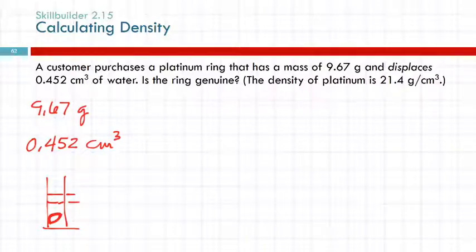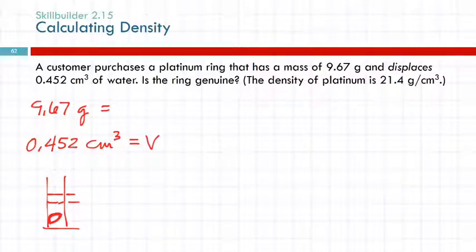The amount the level of water changed is the water that's displaced by the ring. That is equal in volume to the ring. Okay, so this is a very quick way to measure the volume. So when it says that it displaces this much water, that's telling us the volume of the ring. So this is equal to the volume.